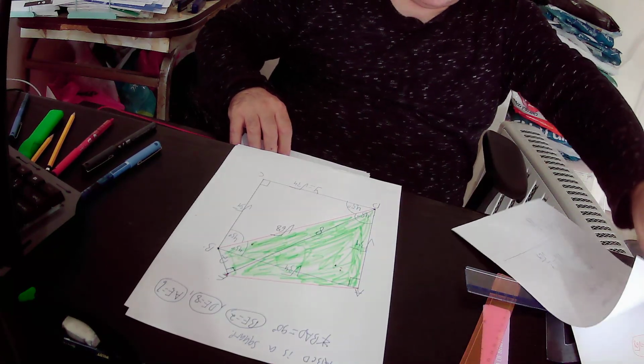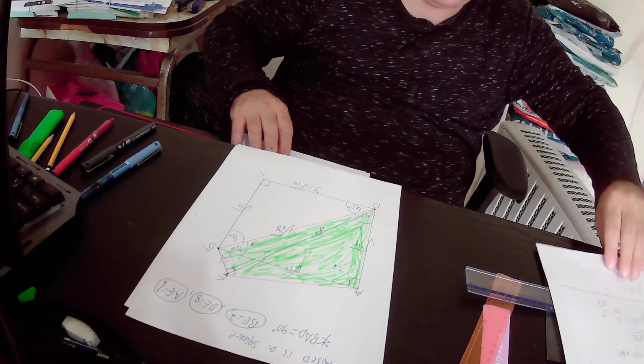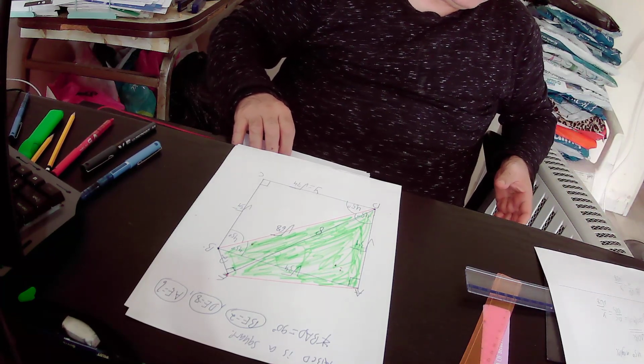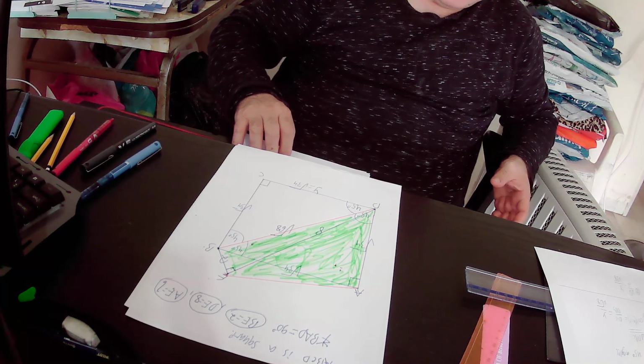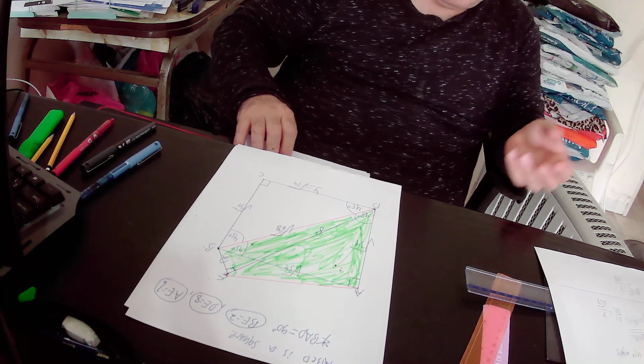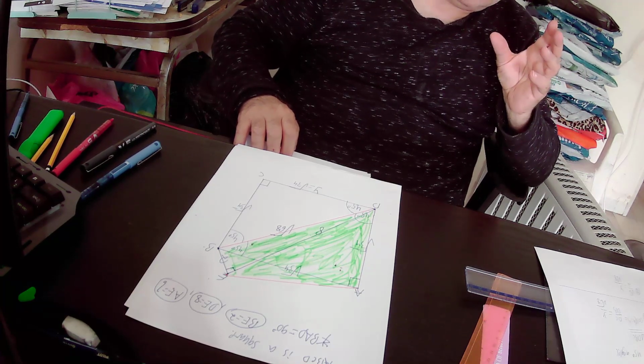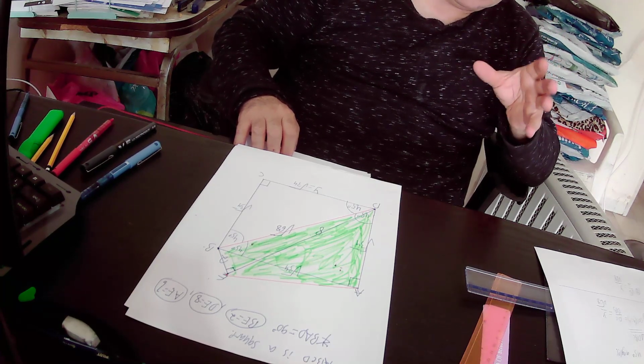So what is the meaning of rule number 1? The meaning of rule number 1 is that we know that all the angles inside the square are right angles, and according to rule number 1, the diagonals of a square bisect the angles of the square into 45 degree angles.